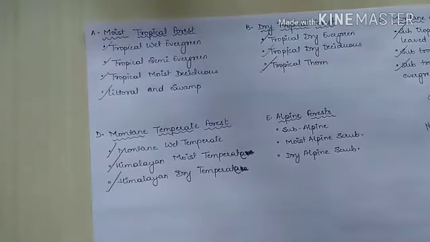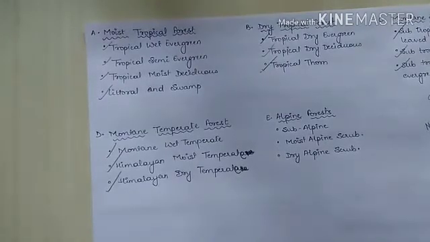The precipitation is below 100 centimeters, and mostly in the form of snow. Such areas are Ladakh, Lahul, Sikkim, Garhwal, etc.